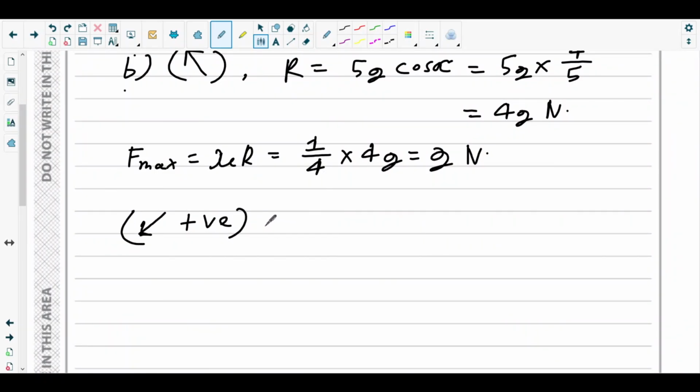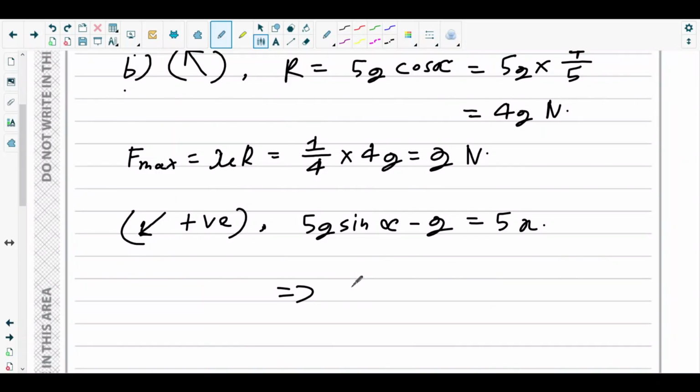You can take it the other way around, no problem, but it is better to take downward as positive since it is accelerating, which keeps it coherent. So down the plane, the weight component is 5g sine alpha minus the friction, which is g. This equals ma, and the mass is 5, so 5a.